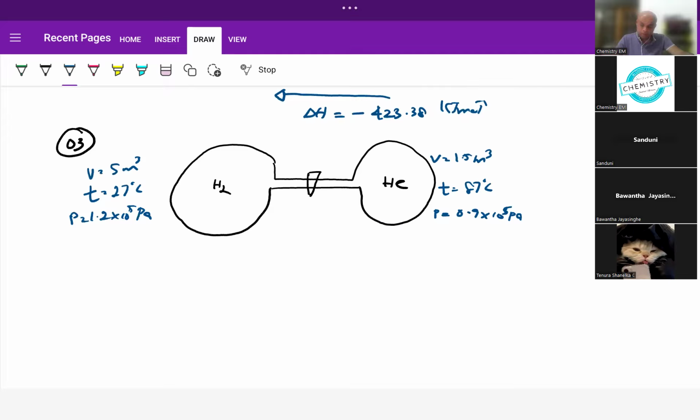Helium pressure is 0.9. Not 8.9, 0.9 into 10 to the power 5 pascals. And H2 pressure is 1.2 into 10 to the power 5. Both are in the 10 to the power 5 range.